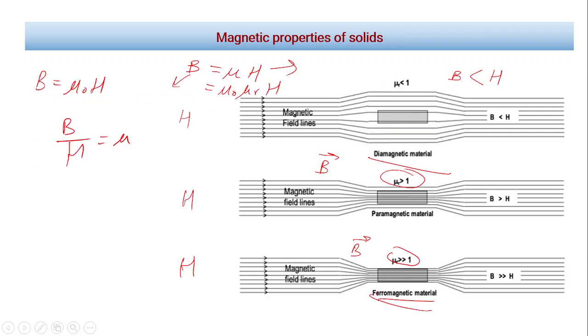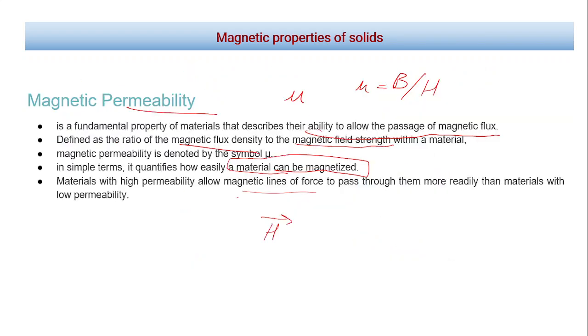That means their ability to get magnetized is higher. So permeability in layman terms just tells us how easily a material gets magnetized. If a material's permeability constant is higher, it will get magnetized more readily in the presence of the magnetization field around it.